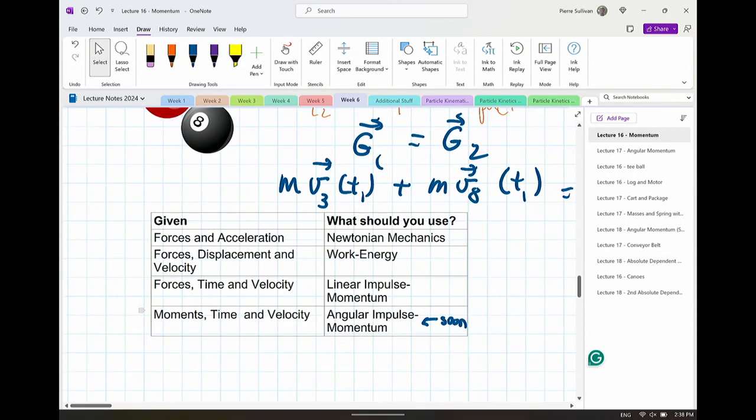Now you have three different approaches to problems with force and acceleration: Newtonian mechanics, second law; force, displacement, and velocity, work and energy; and today, forces, time, and velocity, which are linear impulse and momenta. The next step is rotational systems, where you introduce some sort of moment and you calculate times and velocity. That's coming up, and it's angular impulse and momenta.